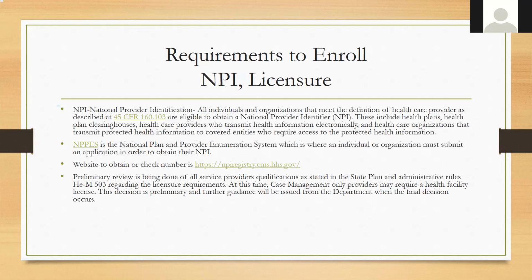We have a mechanism within our MMIS that we can do that. So if you are providing multiple services, we have the ability to put those specialties underneath your provider number so that it does say that you're eligible to do those services.